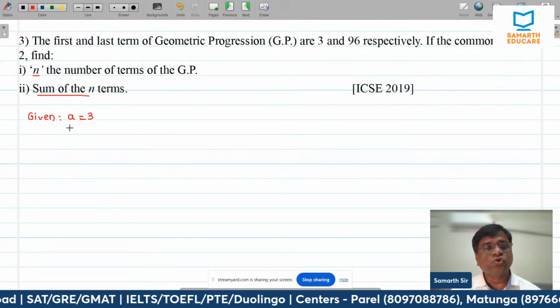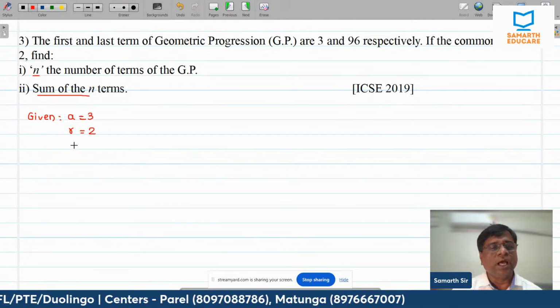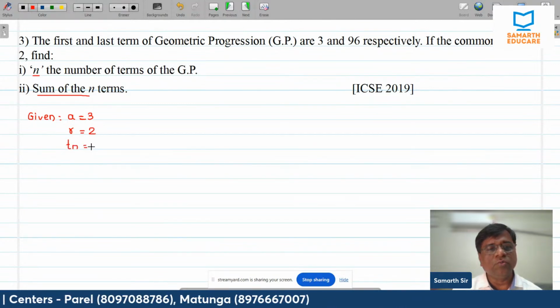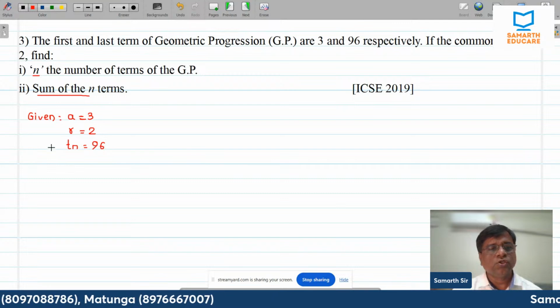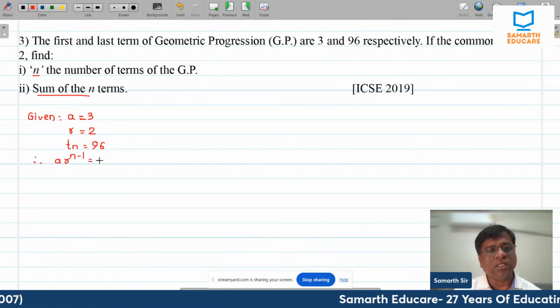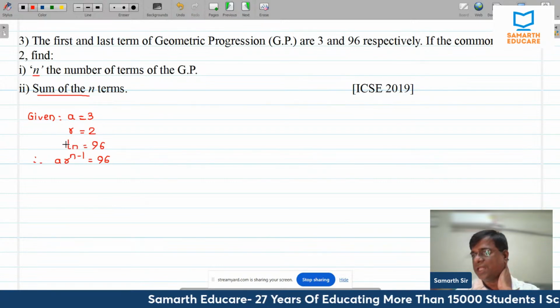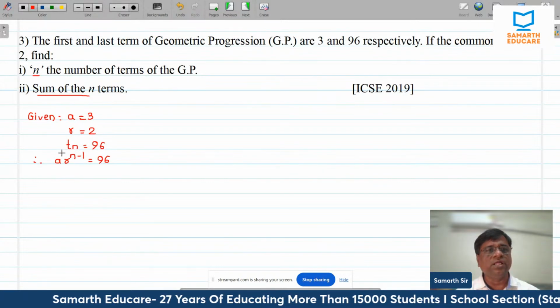Also the common ratio is given to me as 2, and the nth term is given to me as 96. So what is the nth term formula? a r raised to n minus 1 is equal to 96. He is looking for n, that is the number of terms, and then once you find the value of n, the sum of n terms.